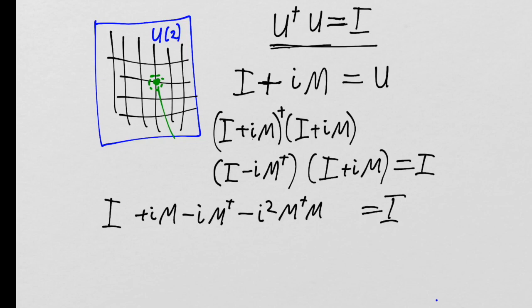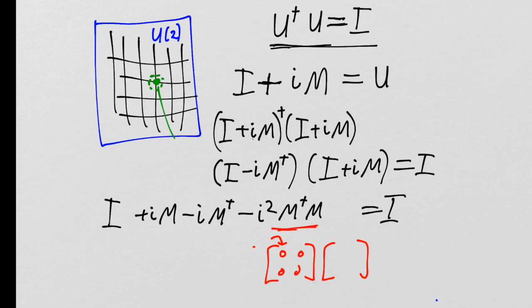Well, the I squared is plus 1, but that doesn't matter because this is all going to be second order in M. So ultimately, remember, the matrix elements of M are all small. So the matrix elements of M conjugate transpose M, or M squared, or M times itself, doesn't really matter. They're all going to be small numbers squared, so they'll be really tiny and we can ignore them.